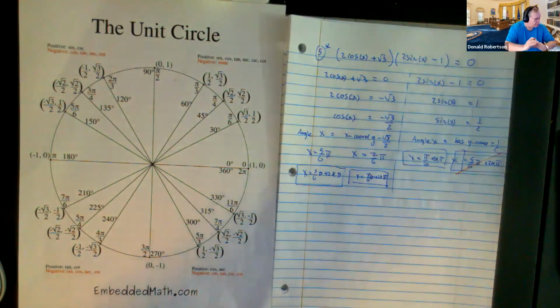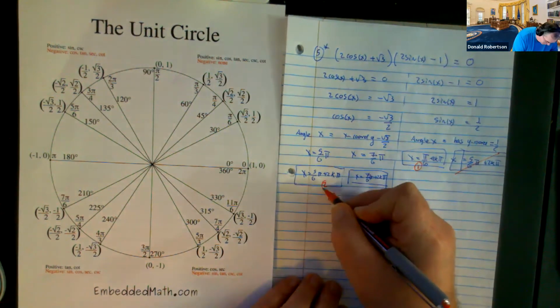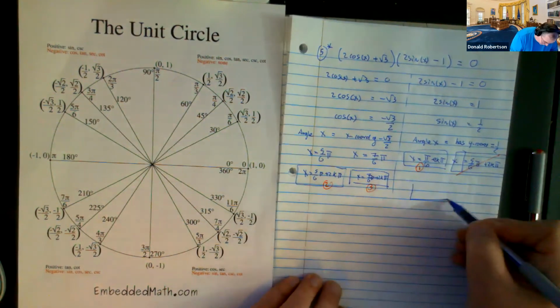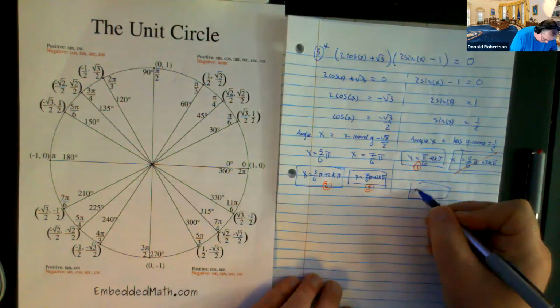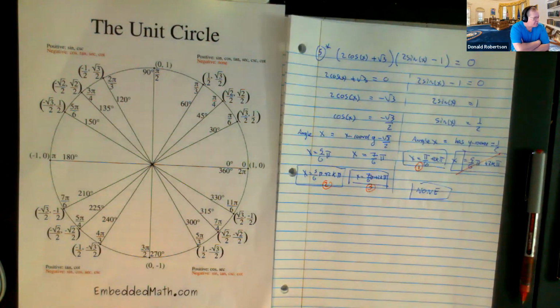So there are 4 boxes in WebAssign, smallest to biggest. And what I'm going to do is put the smallest one, which is him, the next one, which is him, the next one is him. And in that last box, I'm just going to put in none. So that's how you're going to cope with the fact that you may have 4 solutions, but 2 of them are the same.